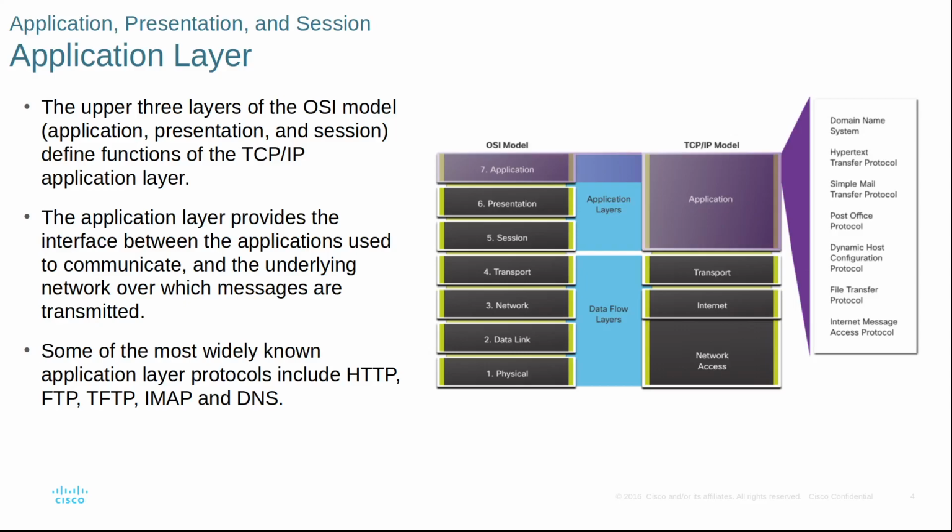HTTP, which is used for viewing web pages over the internet through a web browser, or HTTPS more specifically. FTP, which is file transfer protocol, is used for transferring files over the internet between a client and a host server.